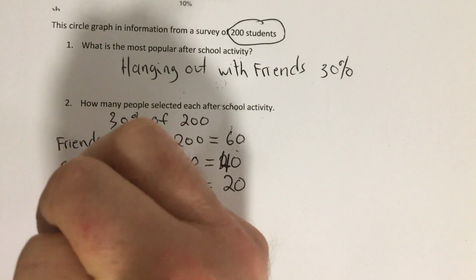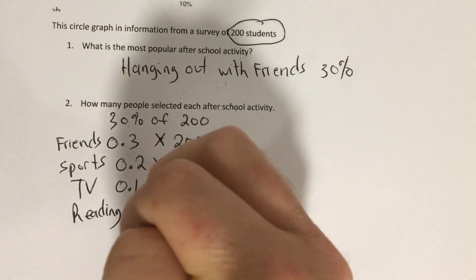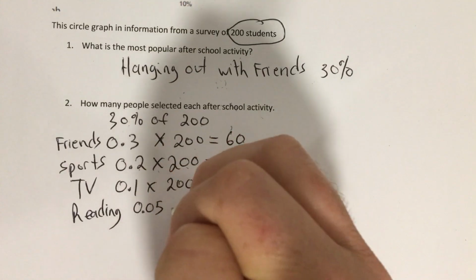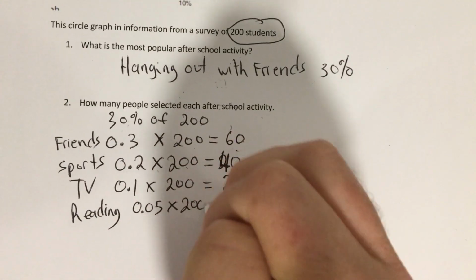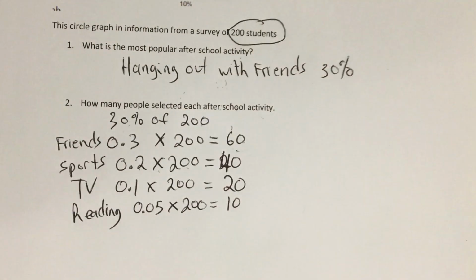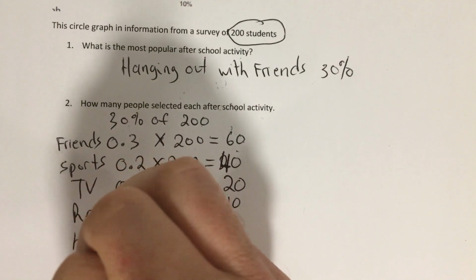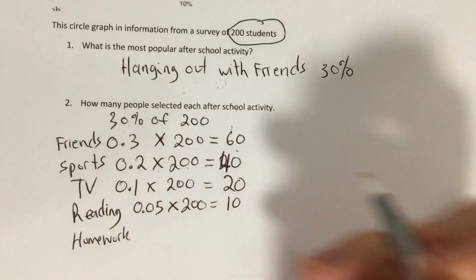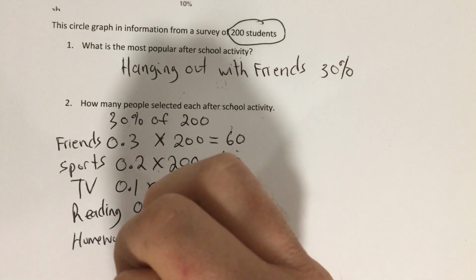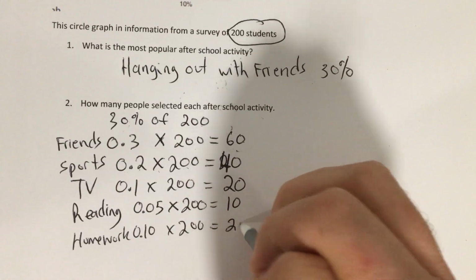Reading was 5%. 5% as a decimal is expressed as 0.05 times 200. That brings us down to 10 people selected reading. Homework was 10%, so 0.1, which will be the same as TV.